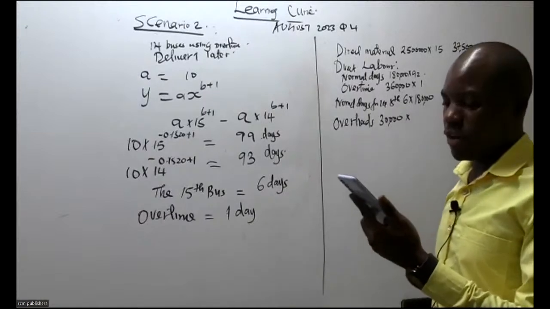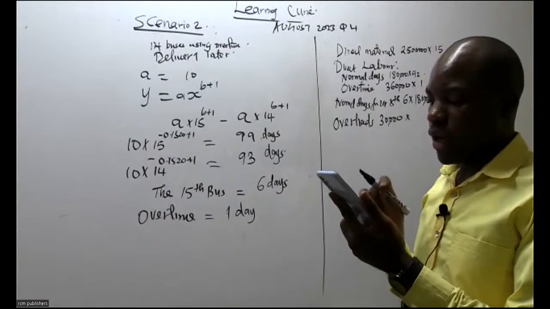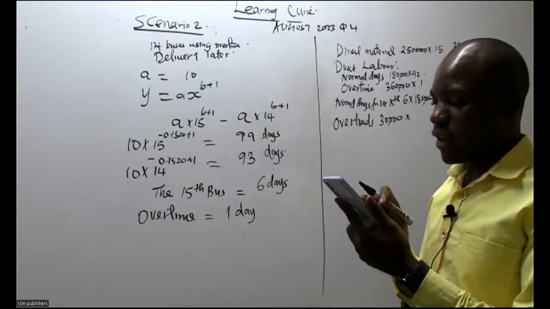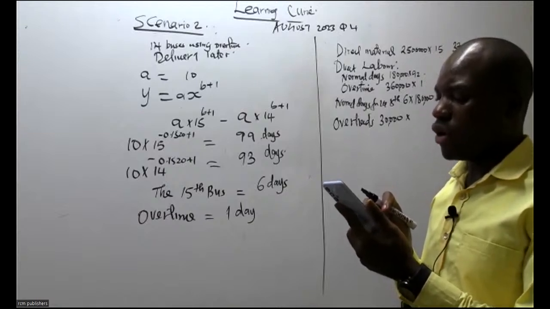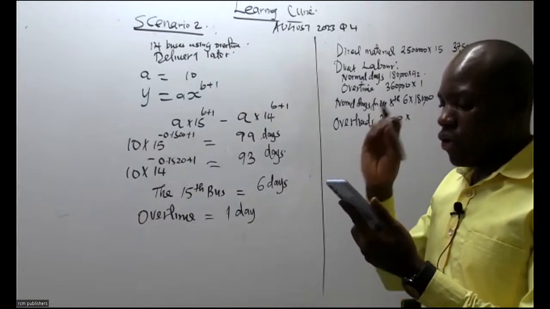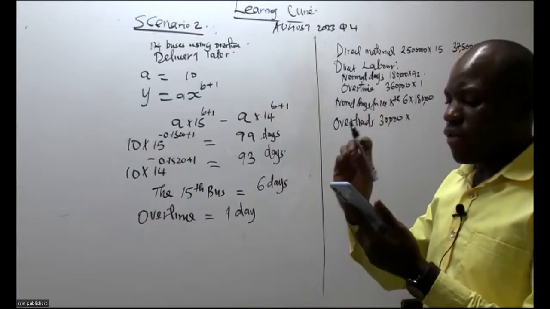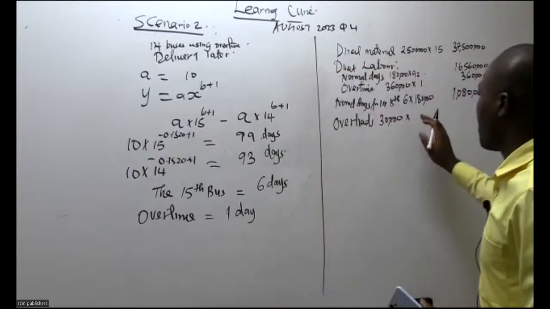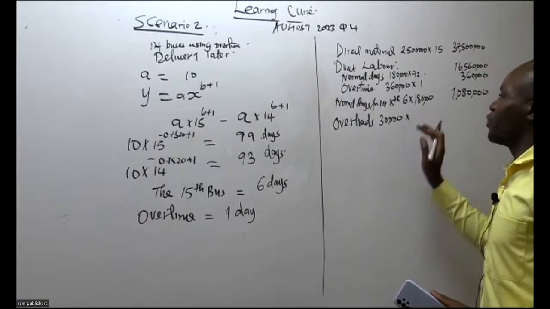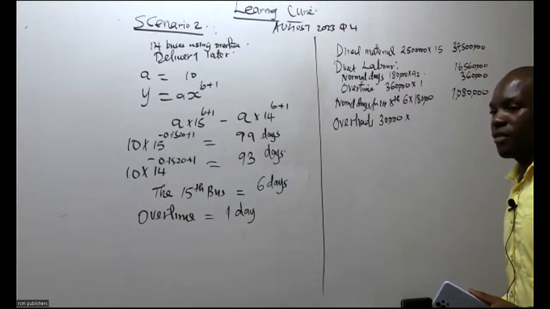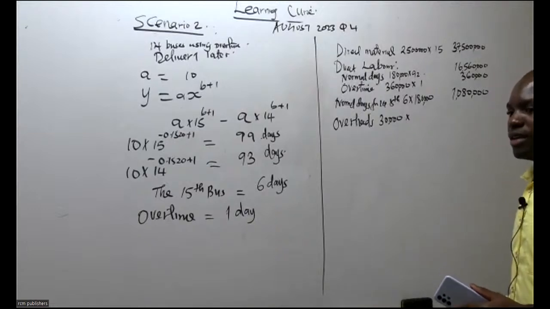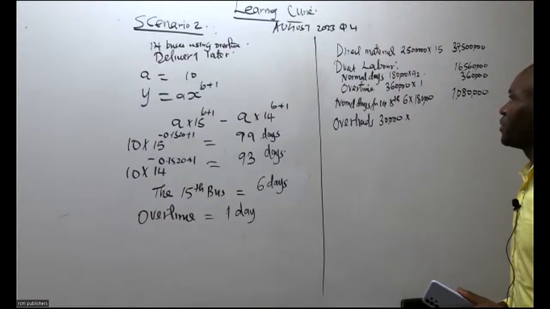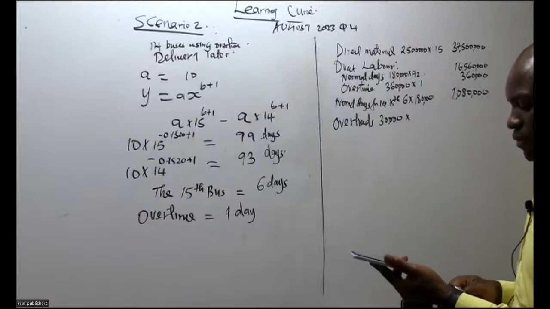Let me read the statement for you. The overtimes will be allocated to the special order at the rate of 30,000 per normal working day, and no overtimes will be allocated for overtime working. Sasa nataka mnipatie number of days hapa to summarize hii kitu ishe. How many days will we have there?